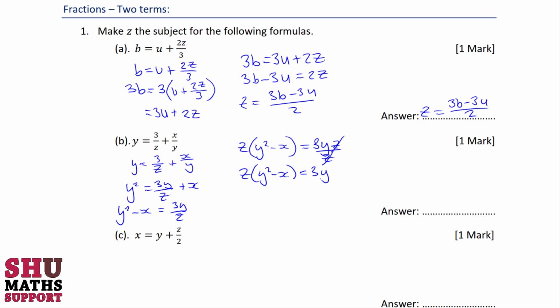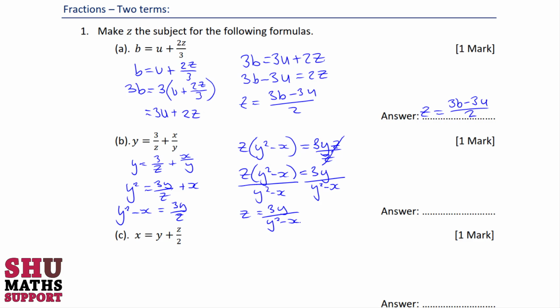And now since we have z times the stuff in the bracket, we can divide both sides by y squared minus x, so that we have z times y squared minus x divided by y squared minus x is equal to 3y divided by y squared minus x. And this of course makes z equal to 3y over y squared minus x.